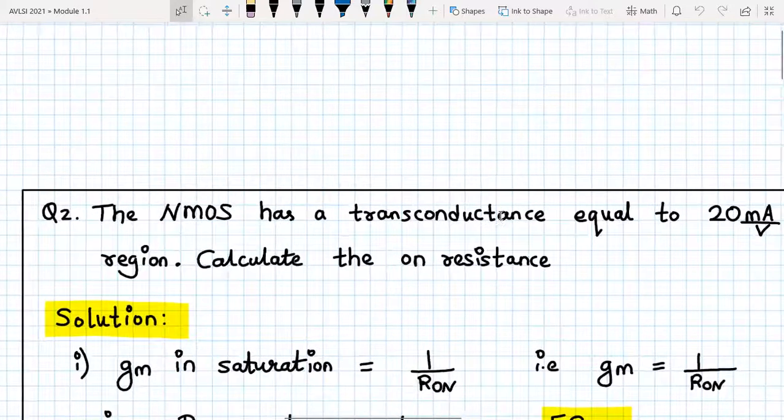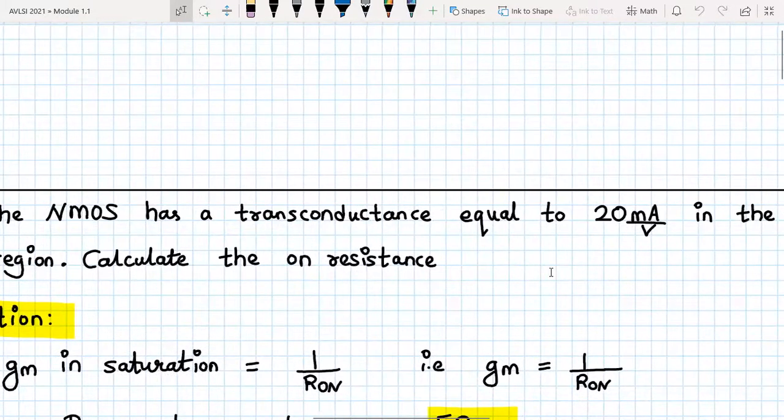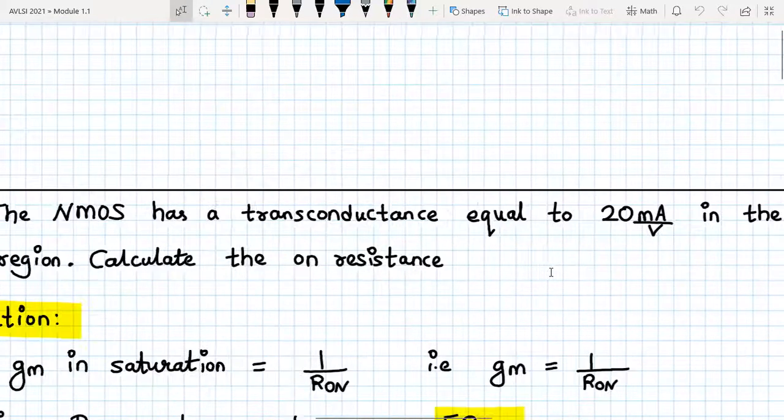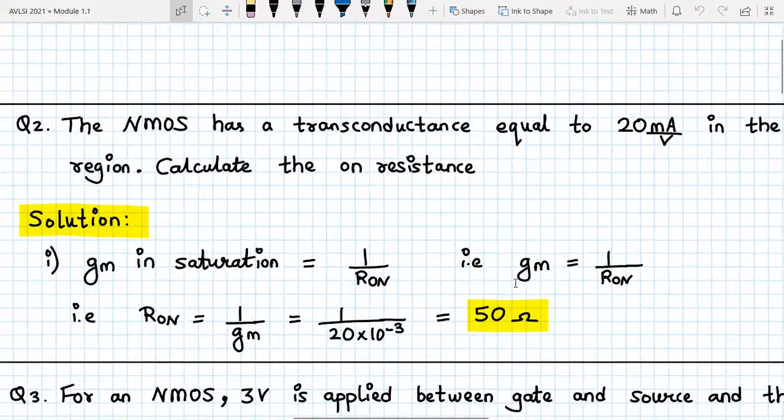So for question number 2, we have this. An NMOS has a transconductance equal to 20 milliampere per volt, and it is in the saturation region. Calculate the on resistance. Now we know that gm in saturation is given by 1 upon Ron. So gm can be written as 1 upon Ron. So it's a very simple equation. Ron will be 1 upon gm.